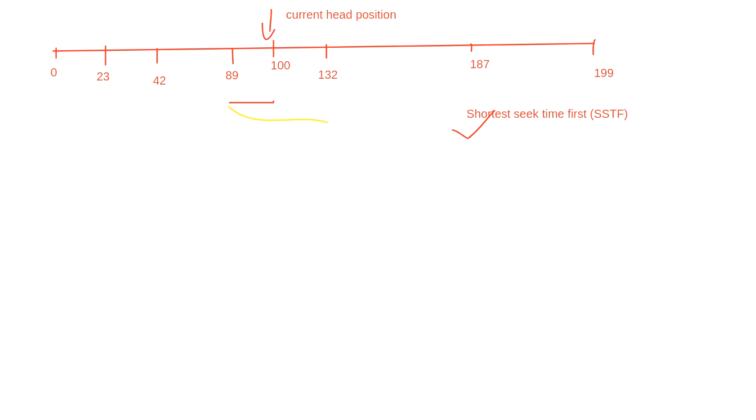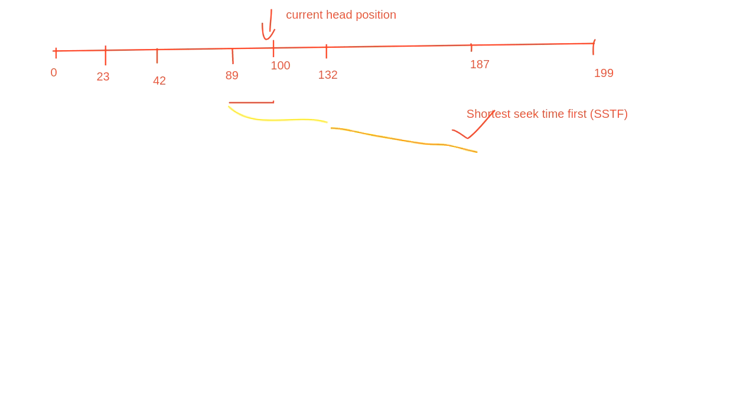From 132, going to 42 is 90, and going to 187 is 55, which is shorter. Let us check again. 187 minus 132 is 55. So we take the shorter one, 187. So we go to 187.